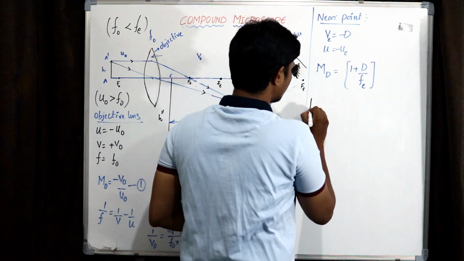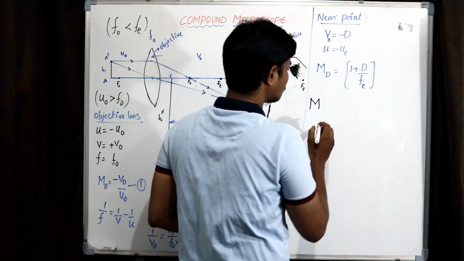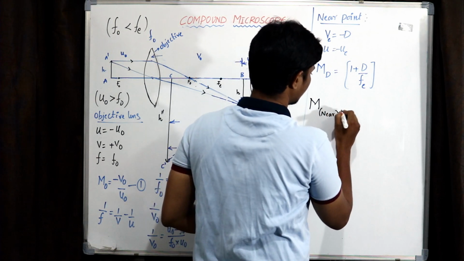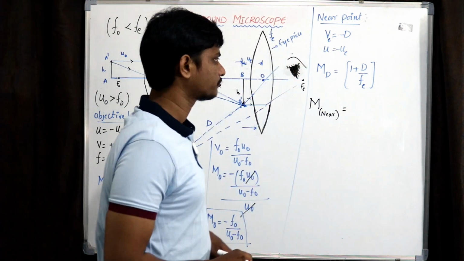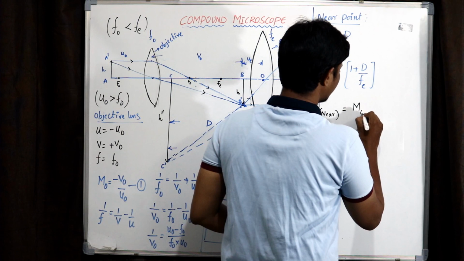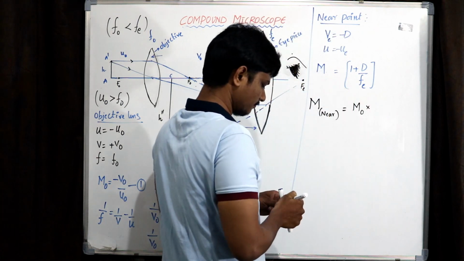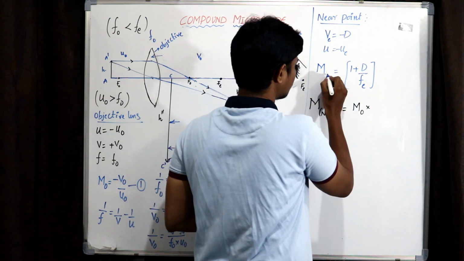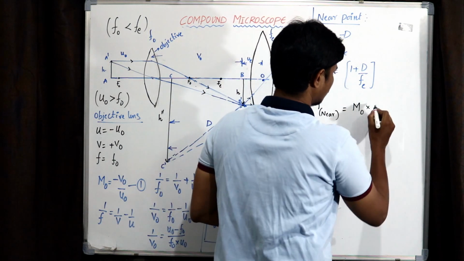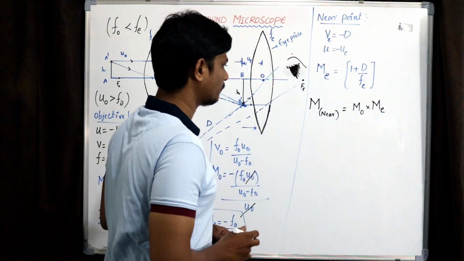Total magnification for near point is equal to the magnification produced by the objective lens into the magnification produced by the eyepiece.